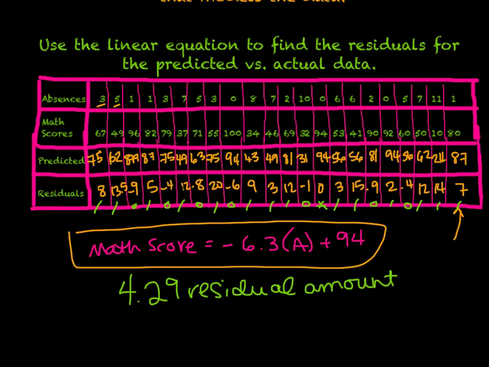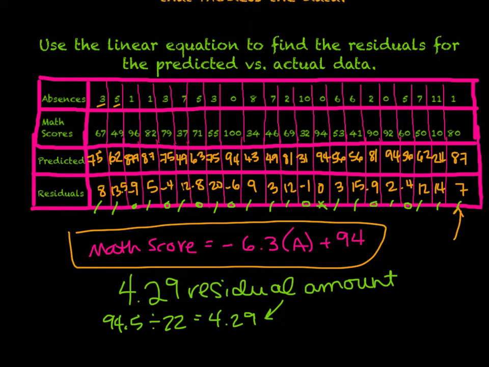I had 22 numbers, and my total residual ended up being 94.5. I divided that by 22, and I got that 4.29. So my average residual amount is really not that far off. If we're saying that the average kid is getting a 90 versus a 94, that's really not that far off.